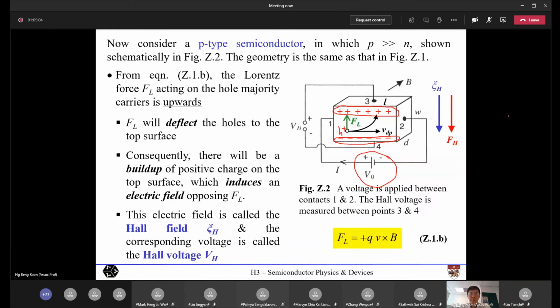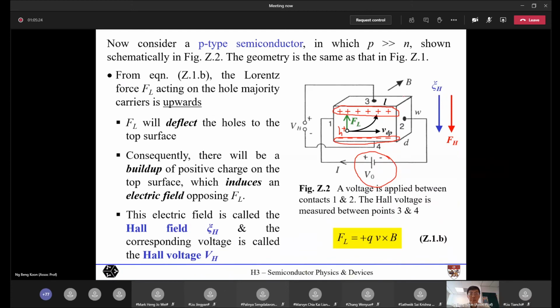As a result of this accumulation of charge at the top, you get a voltage difference between points 3 and 4. This resulting voltage is called the Hall voltage, and the resulting electric field is called the Hall field in the semiconductor.